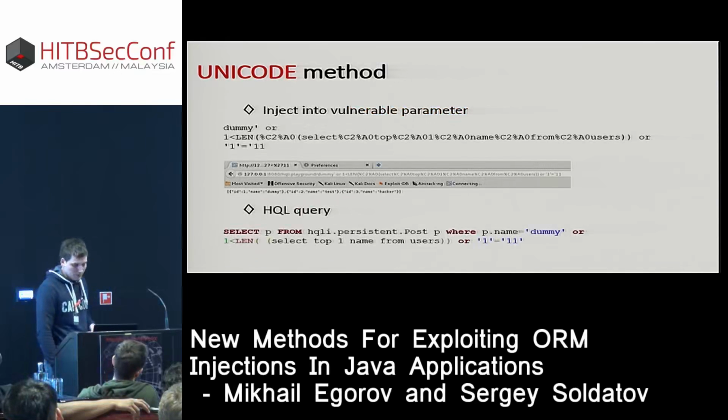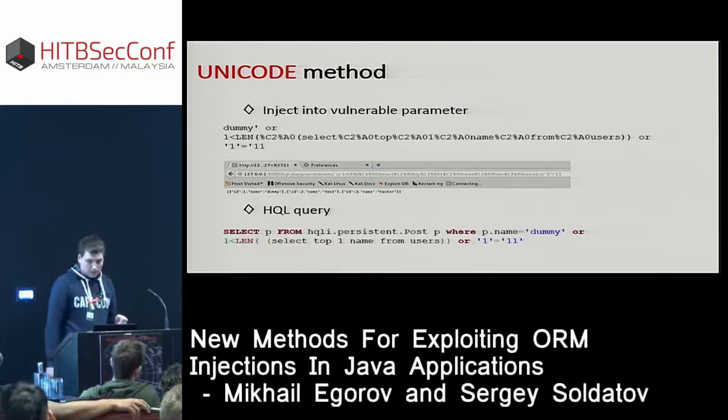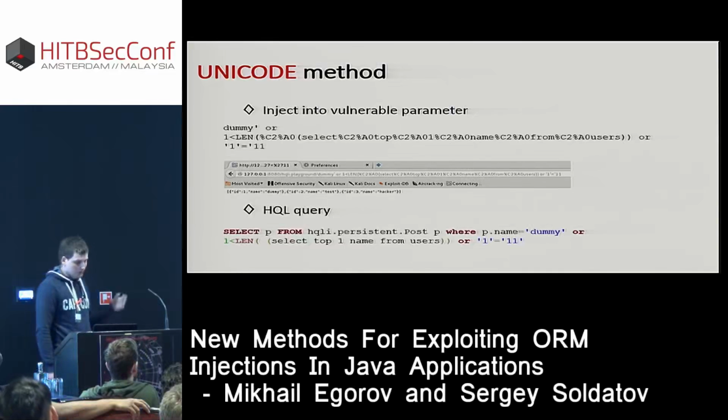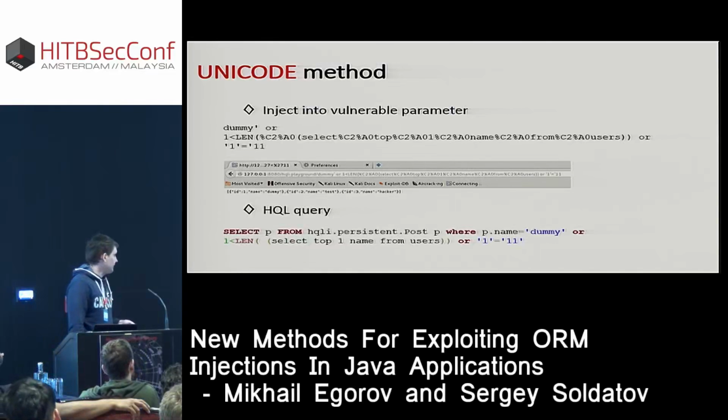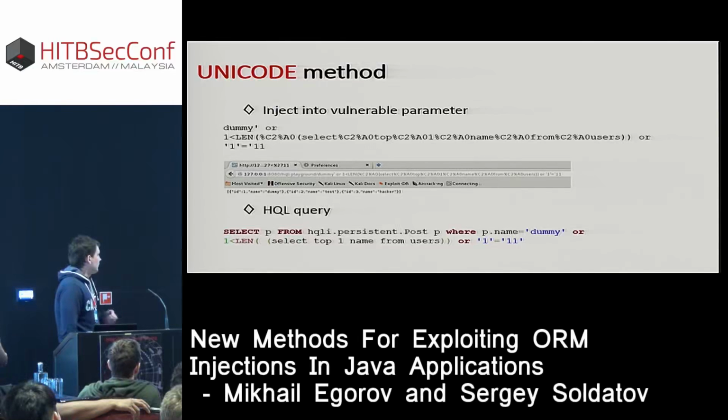So if we inject the following construction into the vulnerable parameter, we will get the following HQL query. And %C2%A0 is the URL-encoded and UTF-8 encoded no-break space Unicode symbol.